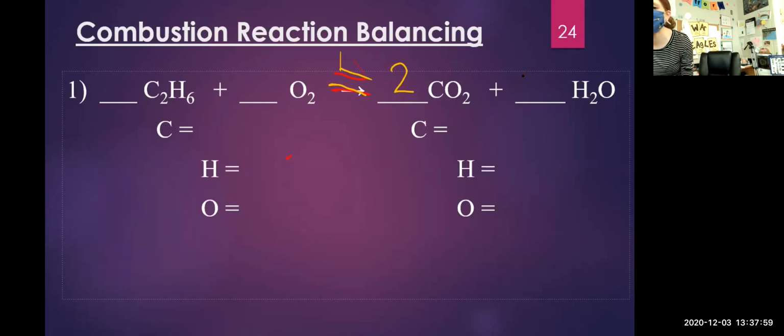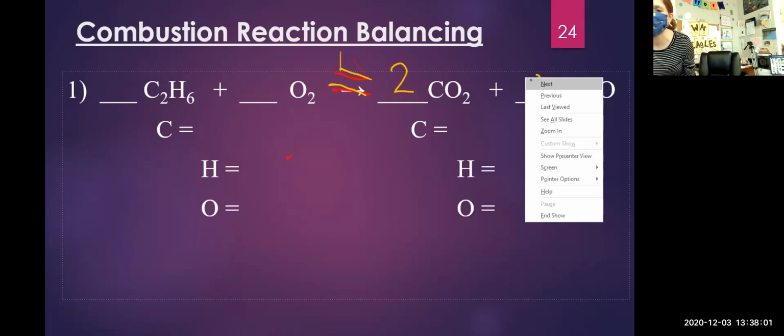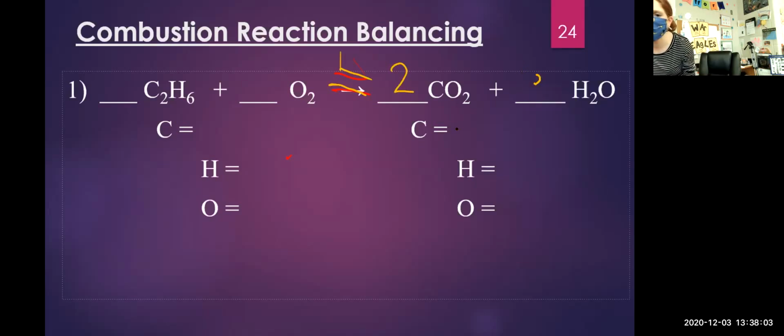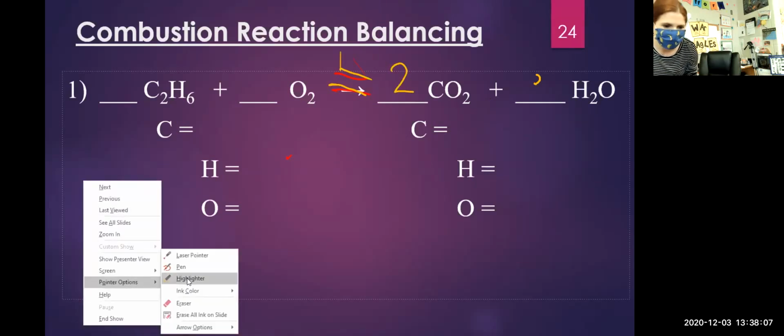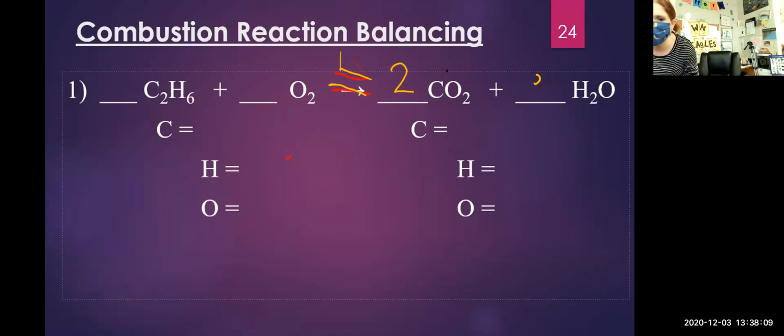So we're going to put a coefficient in the front. I'm going to put a coefficient of 3. So 3 times 2 is equal to 6. Now our H's are at 6.